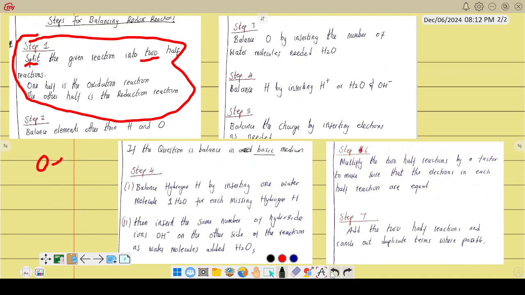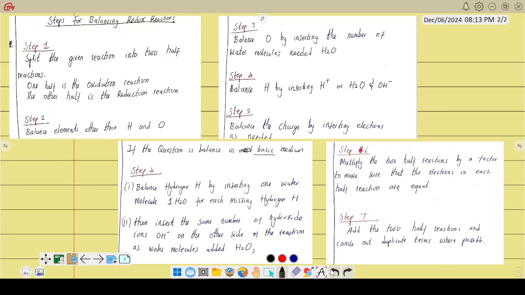So I have to identify which one is oxidizing, which one is reducing. Yeah, so I hope you remember those definitions. The gain of electrons, the loss of electrons, gain of hydrogen, loss of hydrogen, gain of oxygen, all those.